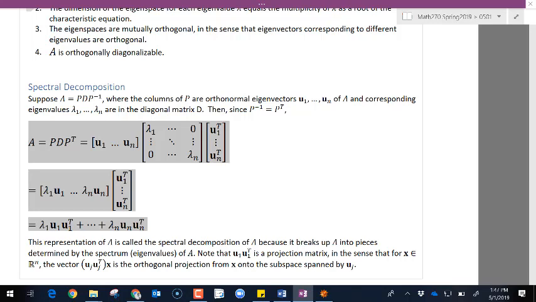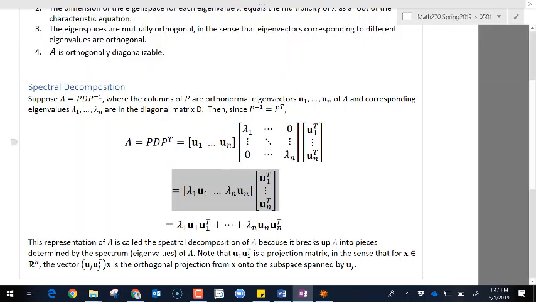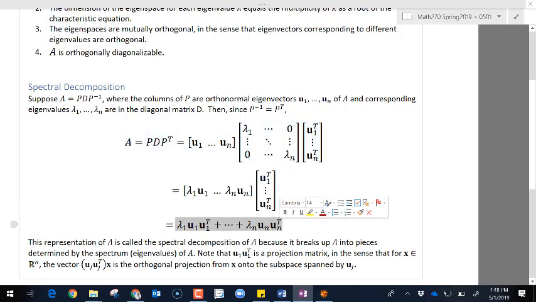If you have a symmetric matrix, then it's orthogonally diagonalizable, and we can find an orthonormal basis for each of the eigenvalues. And so what they're saying here is that you can write, this is the decomposition right here, your matrix as the eigenvalue times some other matrix plus the second eigenvalue times some other matrix plus the third eigenvalue times some other matrix, etc.